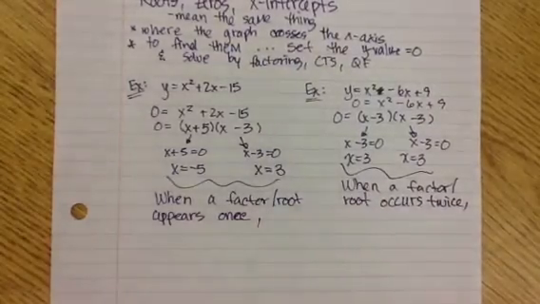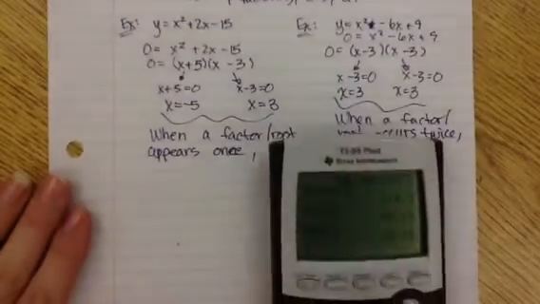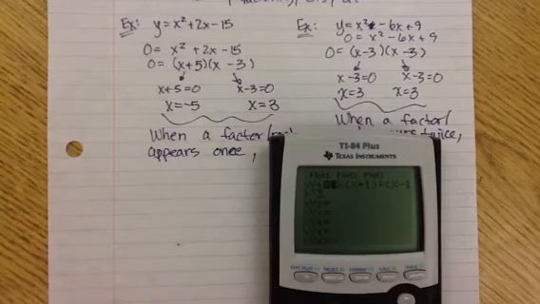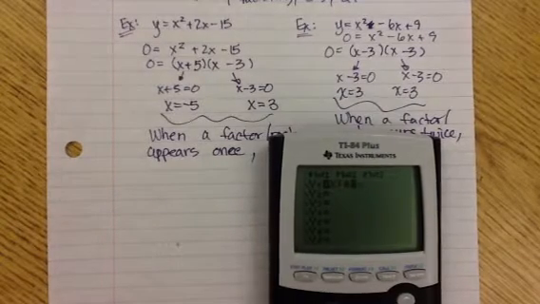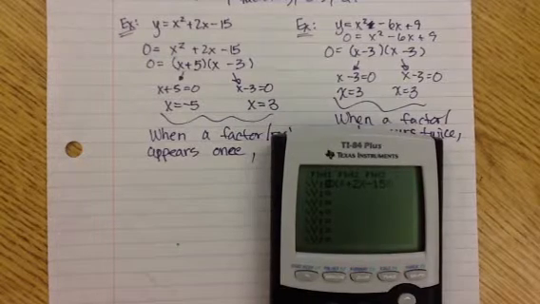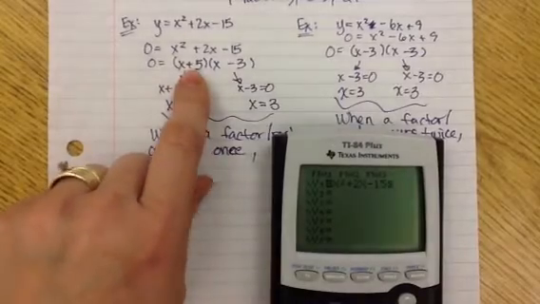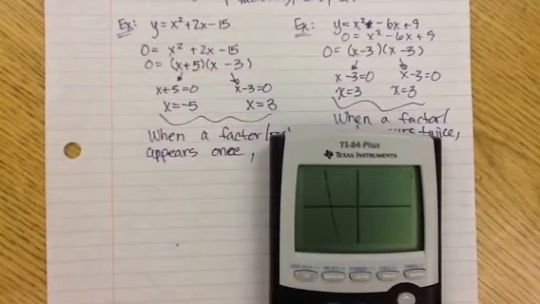So let's make a couple of observations. I'm going to get my graphing calculator, and we're going to graph y equals x squared plus 2x minus 15, which would be the same as graphing x plus 5 times x minus 3. And let's see what happens.